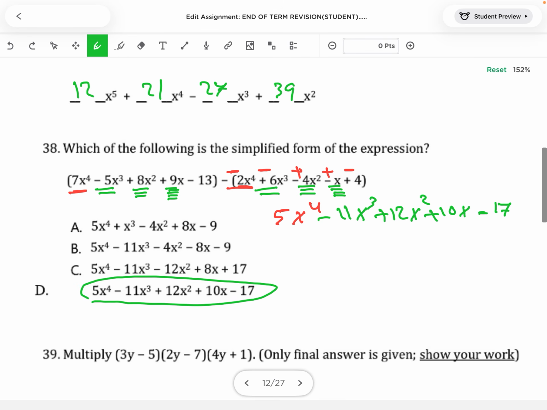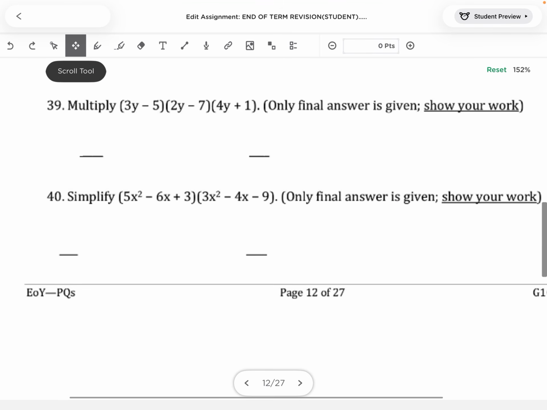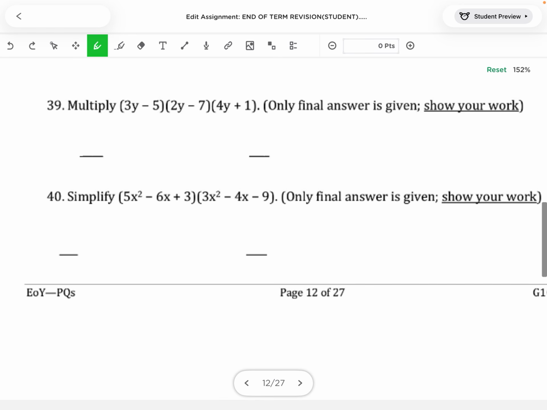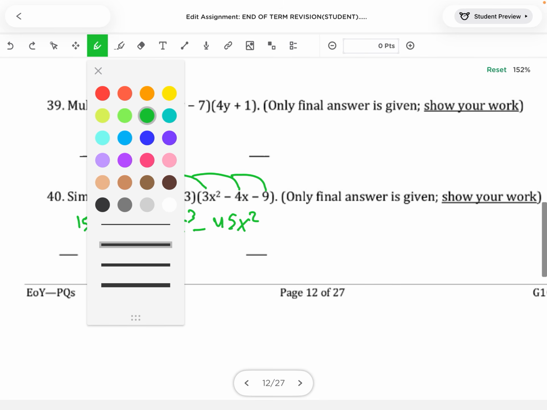Okay, next. And I did 39 in the class. I will work on 40. When we multiply numbers, we add powers. So it will be 15x to the power 4 minus 20x to the power 3 minus 45x squared.